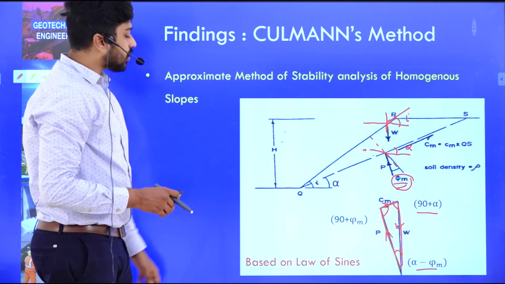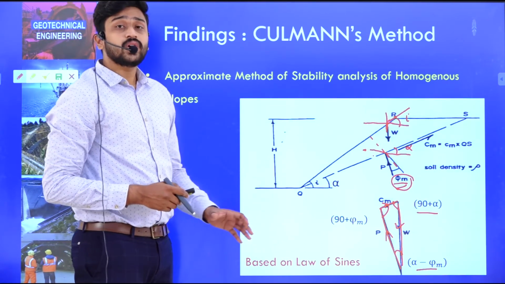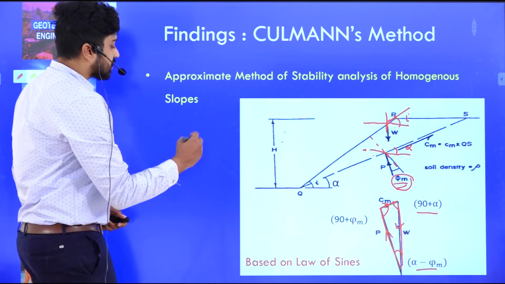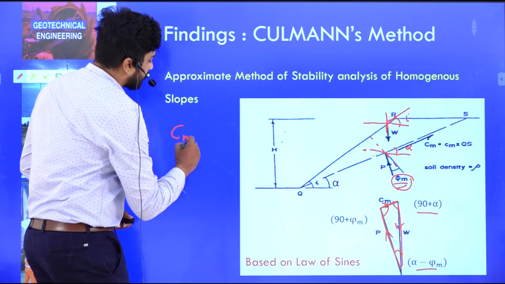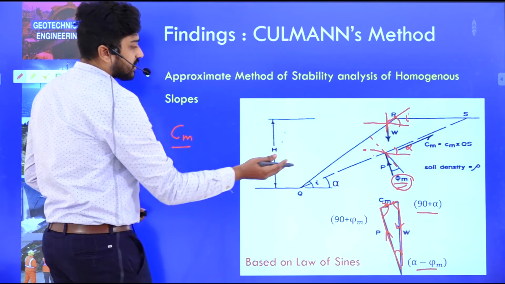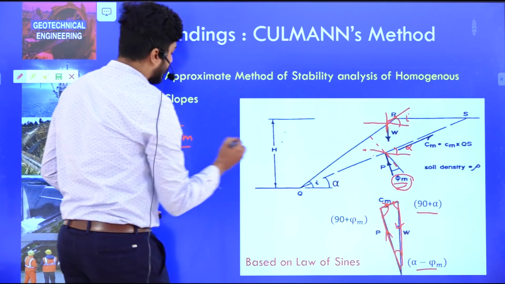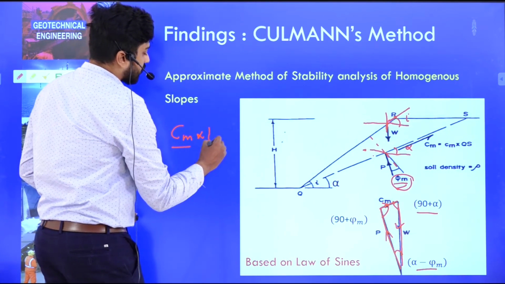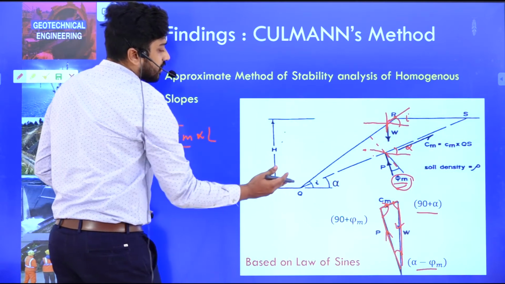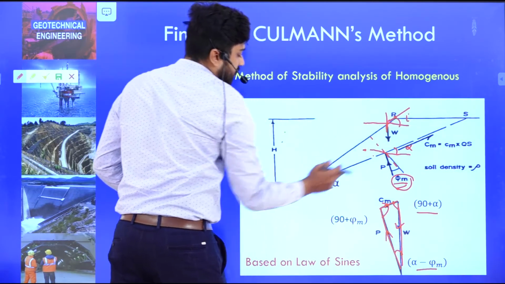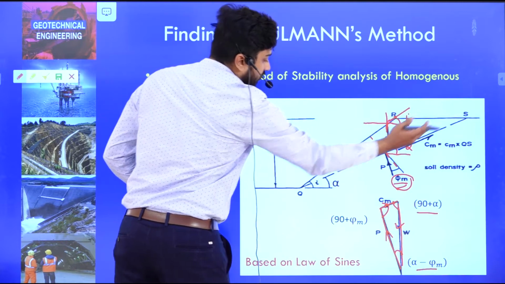So based on the law of sines, we need to evaluate by considering Cm, the mobilized cohesion, multiplied with respect to length. The length is the length of this failure wedge, that is, here it is Q and S, so it is Qs.